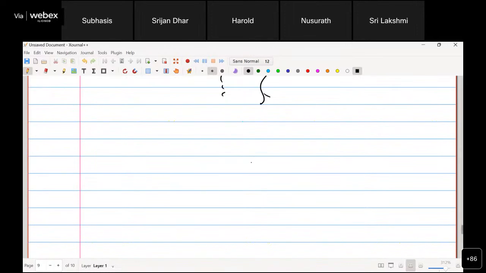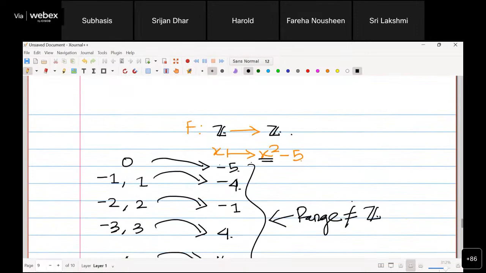Sir, please pardon me, why can't the natural numbers case, N to N, be injective? This one, right? This is from N to N. This is not a function itself. Only if I have a function can I talk about its injectiveness and surjectiveness.